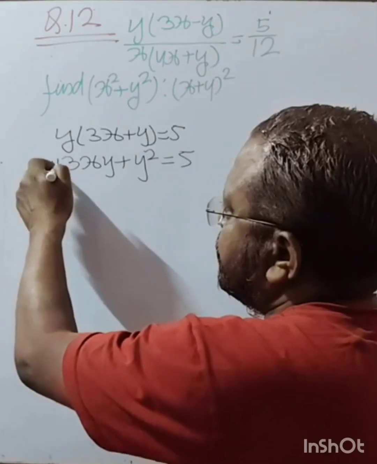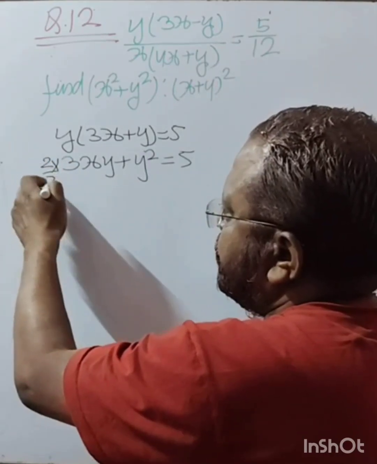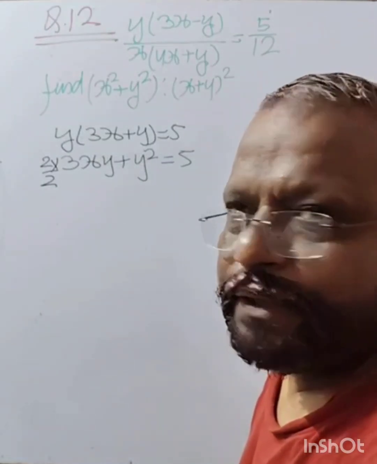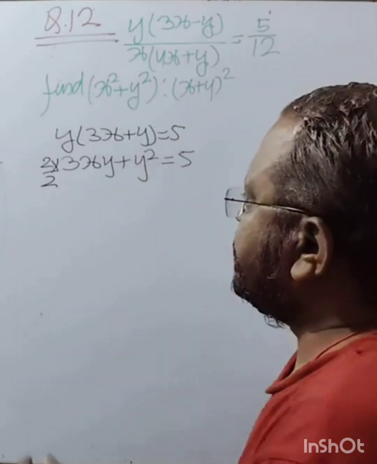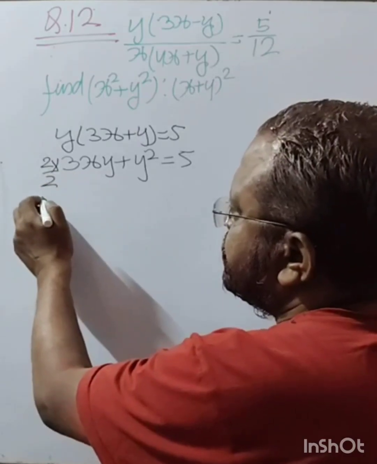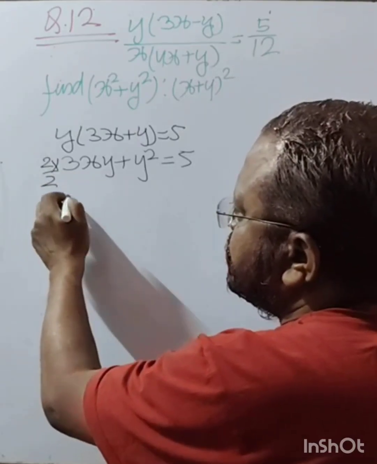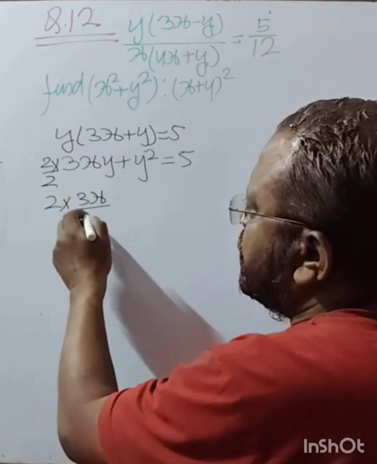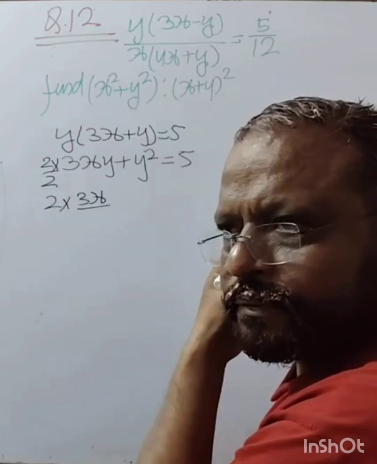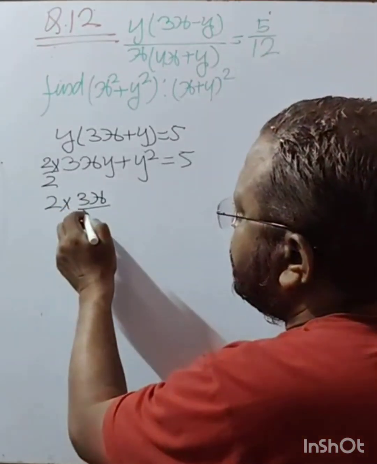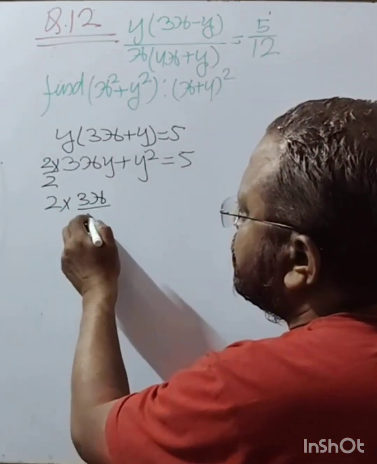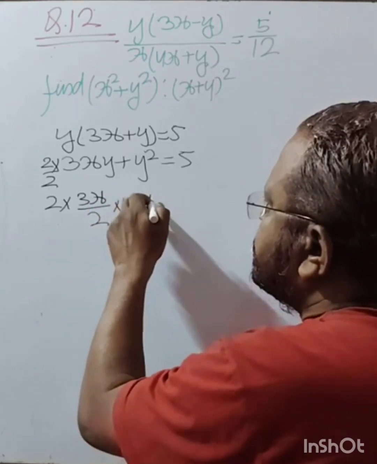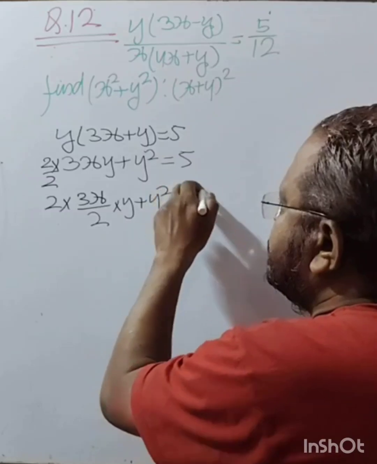If I multiply and divide both sides by 2, right? So it becomes 2 into 3x upon 2 into y plus y square is equal to 5.